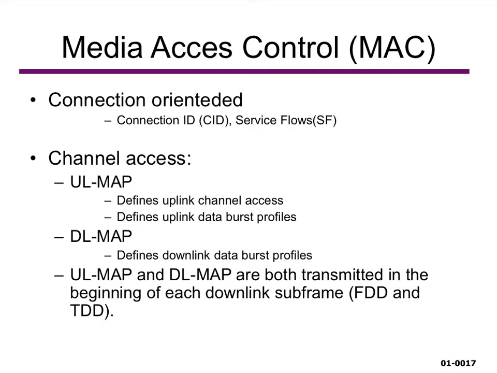The other thing is that for channel access, as we will see in a second, it uses, of course, TDM or TDMA, right? And there is a very important control information which gets sent by the base station to all the nodes. This is called the uplink map or downlink map.